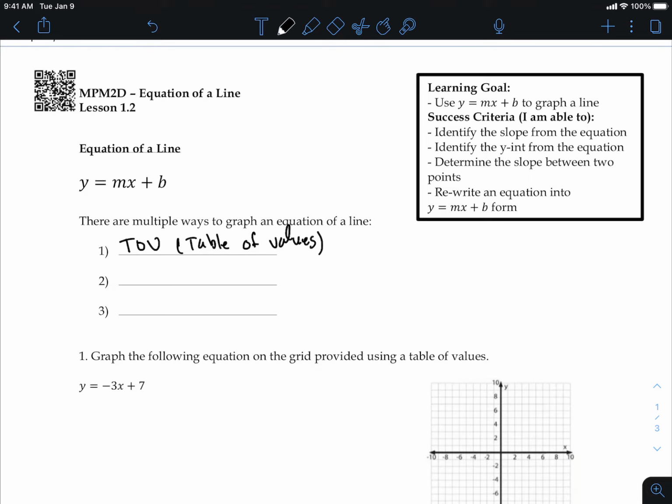The second way you would have seen last year would have been slope slash y-intercept, okay? That's the y equals mx plus b. And then the third way, remember, what's kind of the fundamentals with a line?